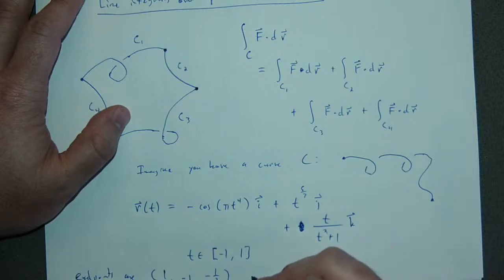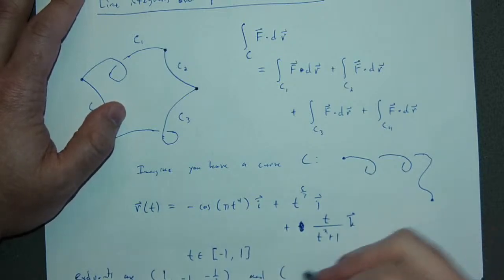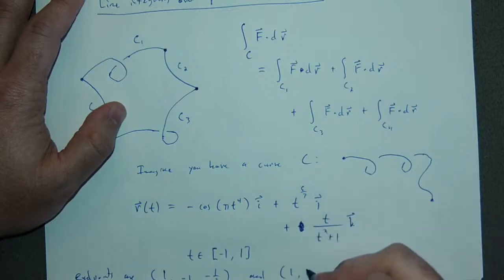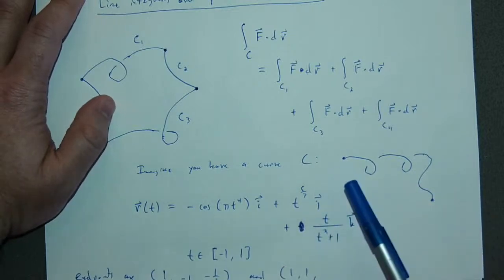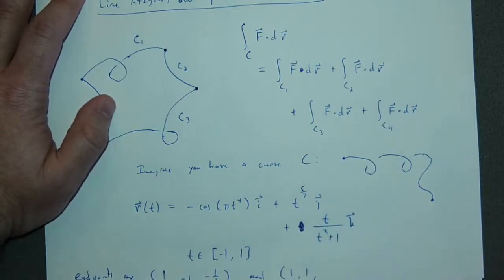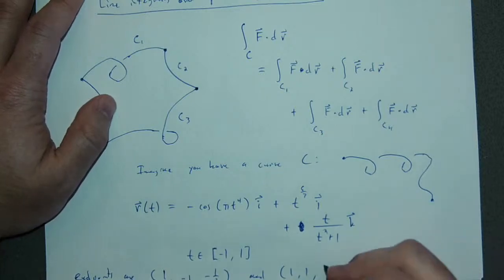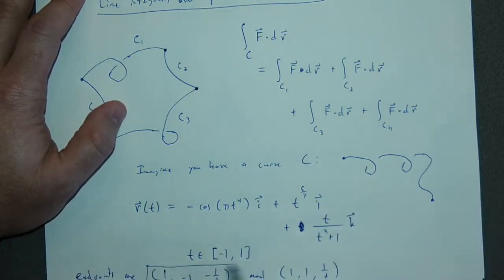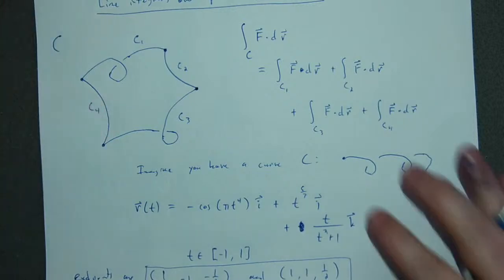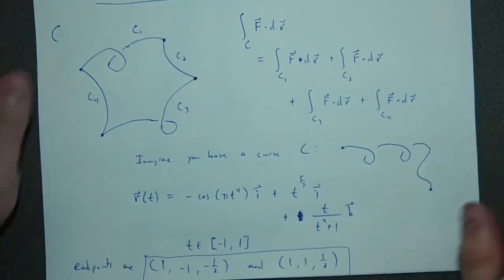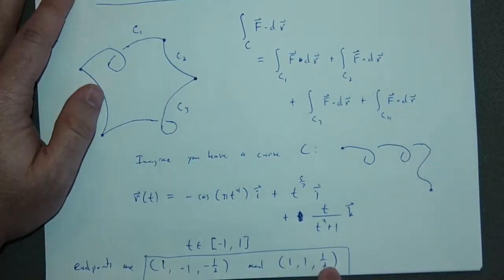And the second endpoint is 1, 1, and 1/2. Okay, there we go. And so this is a curve between these two points.